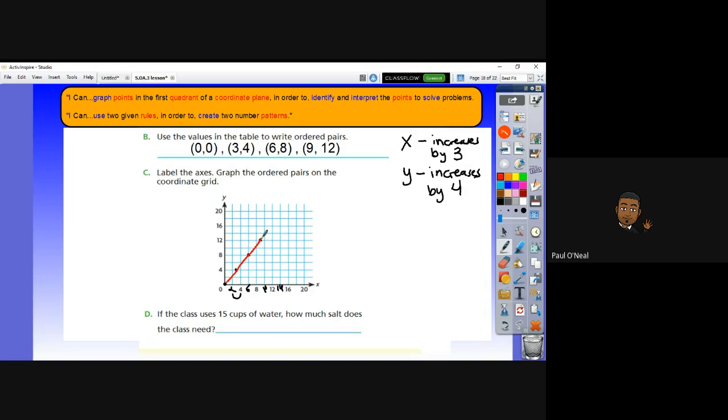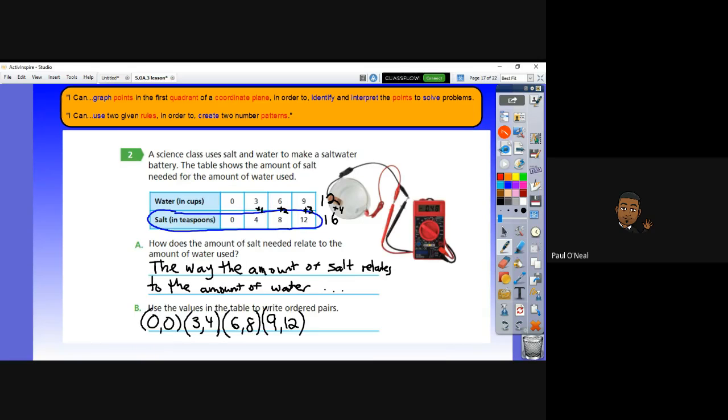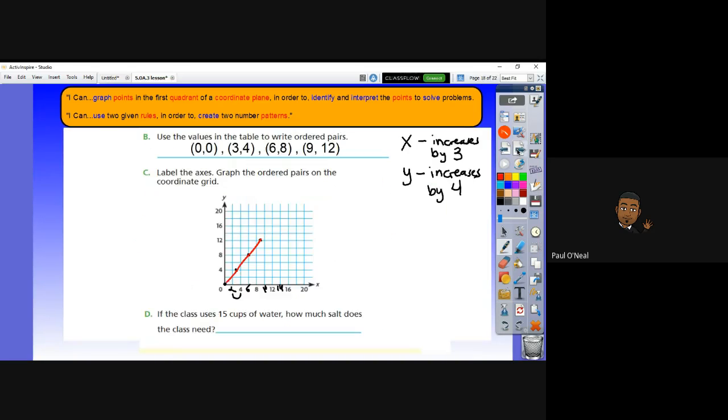Okay. It says D, if the class uses 15 cups of water, how much salt does the class need? So let's kind of go back to our chart. All right, cups of water. We figured out 12 cups. So let's say if it's increasing by 3, then that means this is going to be 15, right? And the question is asking, if the class uses 15 cups of water, how much salt?